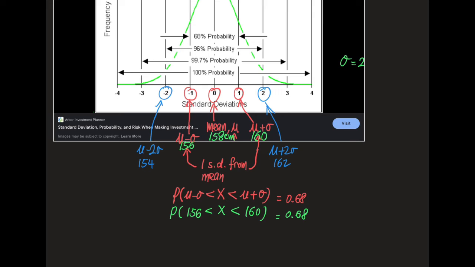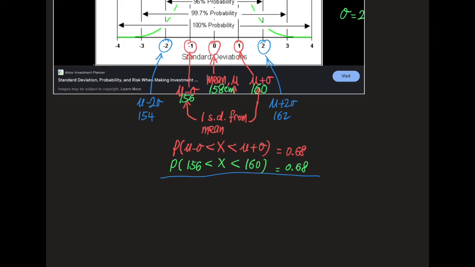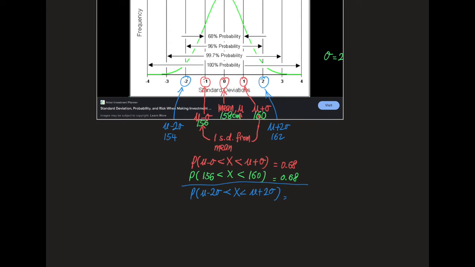The probability for two standard deviations from the mean, in general, from mu minus 2 sigma to mu plus 2 sigma, is 0.96. It's fixed: for a normal distribution, two standard deviations from the mean has a probability of 96%, or 0.96.